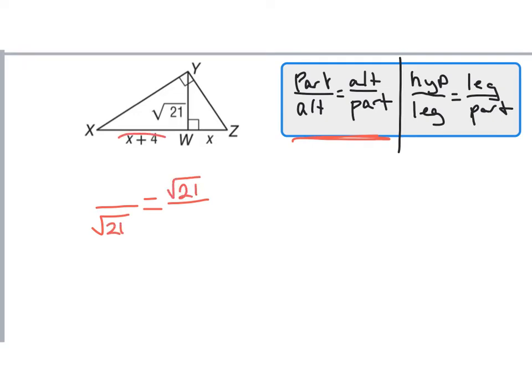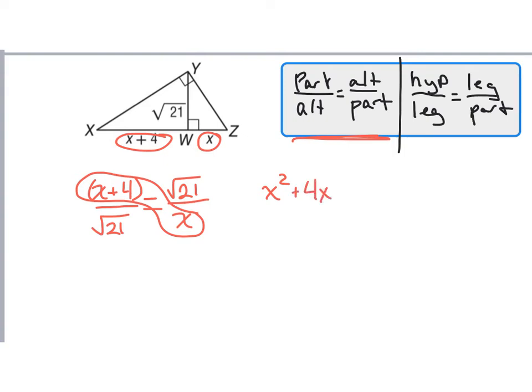And then my parts are x plus 4 and x. All right, so now what I'm going to do is cross multiply. Remember, when you cross multiply here, you have to think of that as being in parentheses. So it's really x times x, which is x squared, and then x times a positive 4, which is positive 4x. And on my other side, square root of 21 times square root of 21 is just 21.